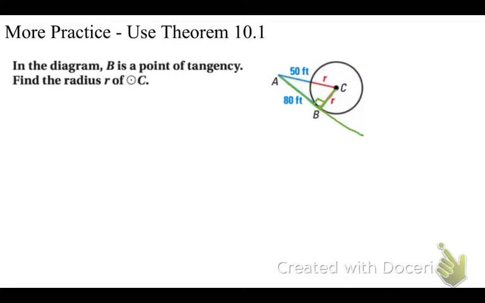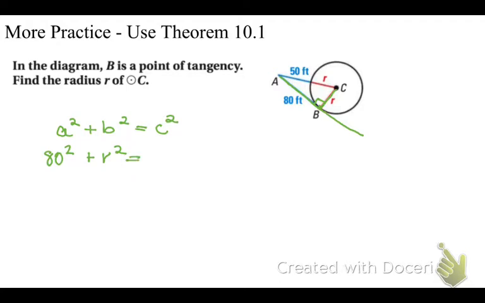So again, we're going to use our Pythagorean theorem. So A squared plus B squared equals C squared. Okay, so let's take the 80 as our A, plus R squared. There's our variable. Now be careful.